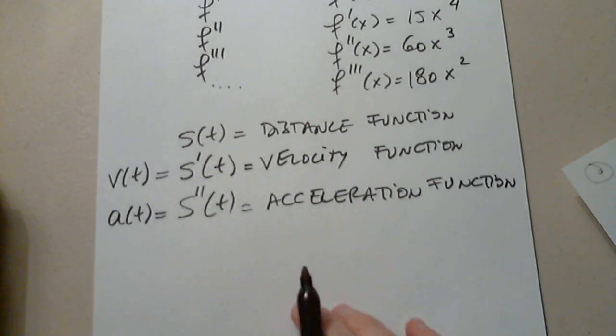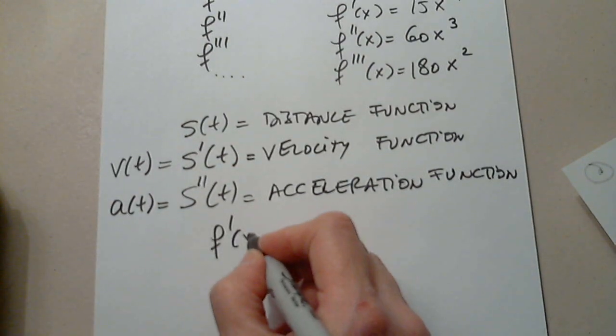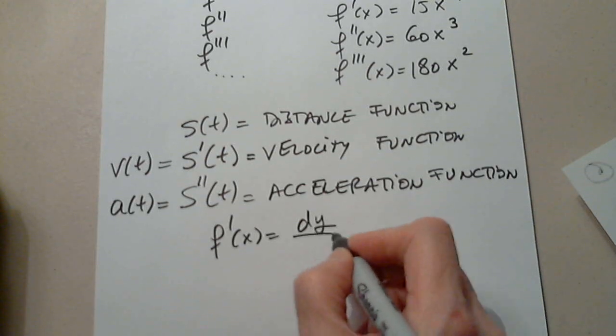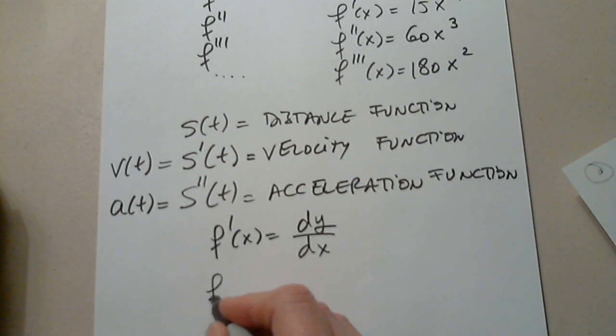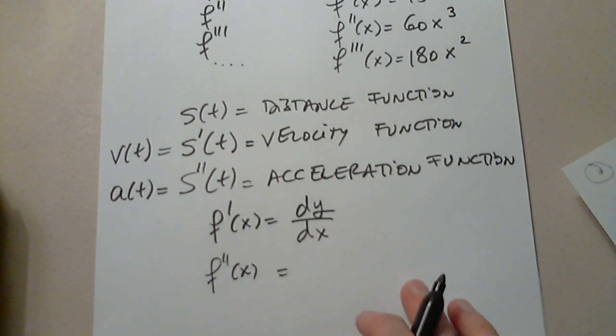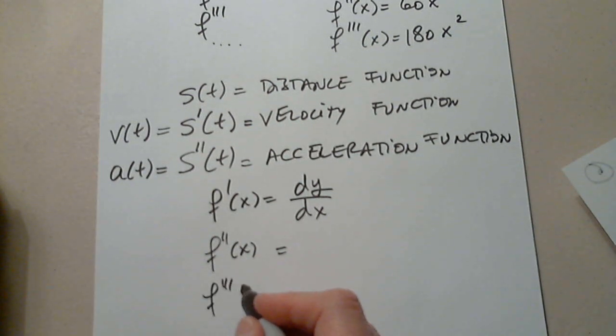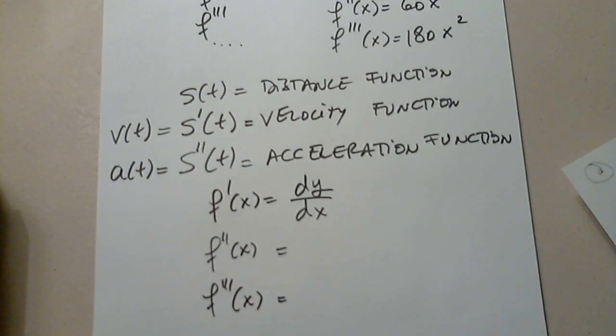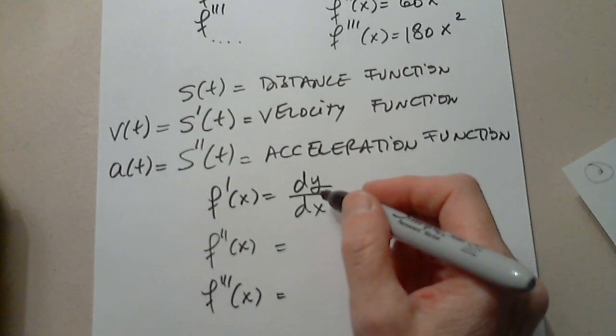Now, what is the other notation? So f prime of x is the same as dy over dx. But how will the second derivative look? What will the third derivative look like? Well, a little bit weird.